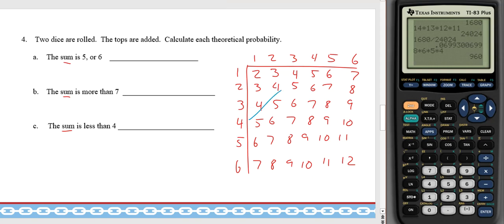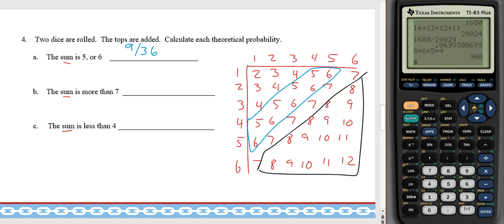So probability we get a 5 or a 6. I can mark those out there in blue. So 1, 2, 3, 4, 5, 6, 7, 8, 9. 9 in 36, a 1 in 4 chance. More than 7. Got a line here. Right, I'm not including the 7 because I need more than 7.